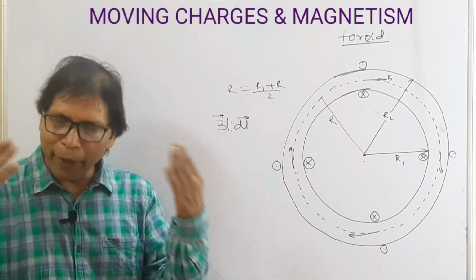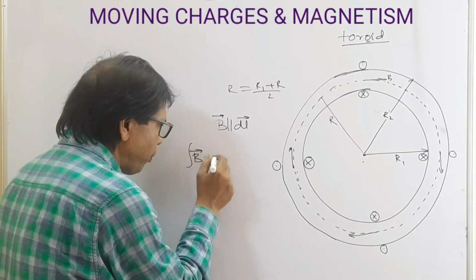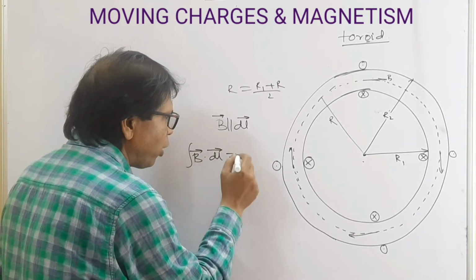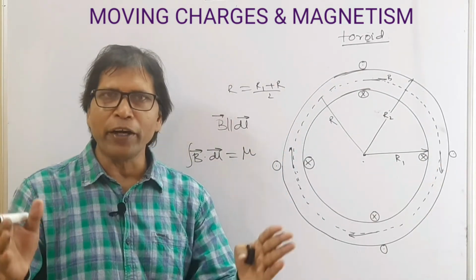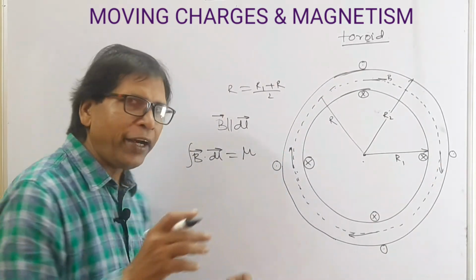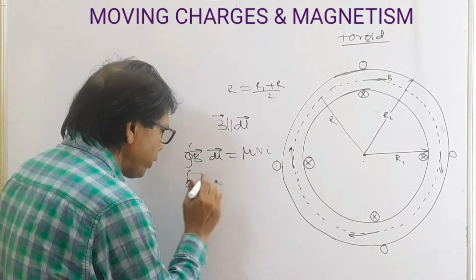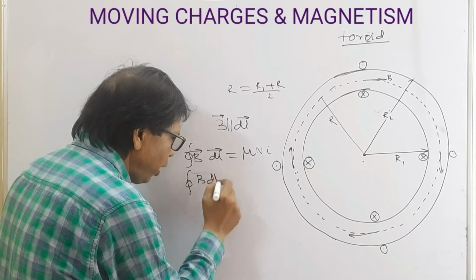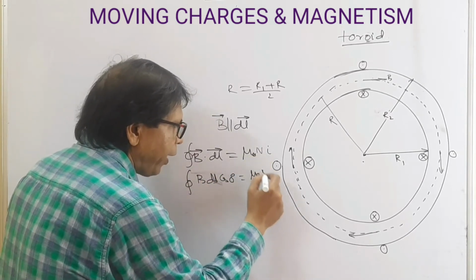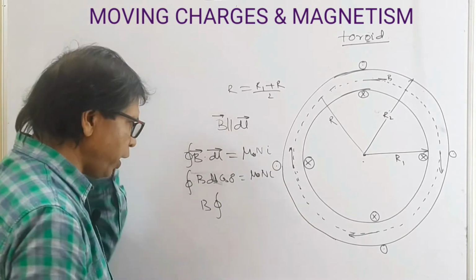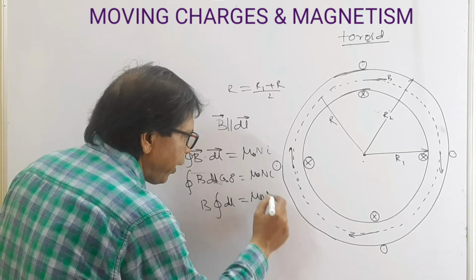Now applying Ampere's circuital law, the closed integral of B vector dot dl vector is equal to mu naught times the current enclosed. If the total number of turns in the toroid is capital N, the current enclosed by the toroid is equal to Ni. Look at this, here B dl cos 0 degree is mu naught Ni. So here B into closed integral dl is mu naught Ni.